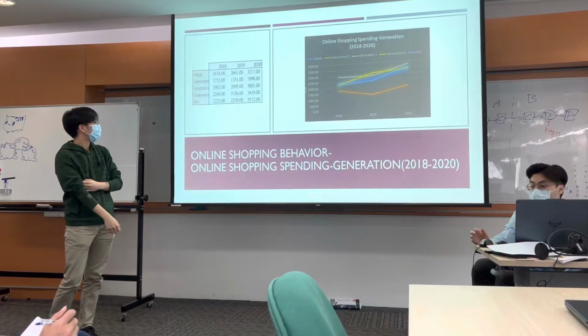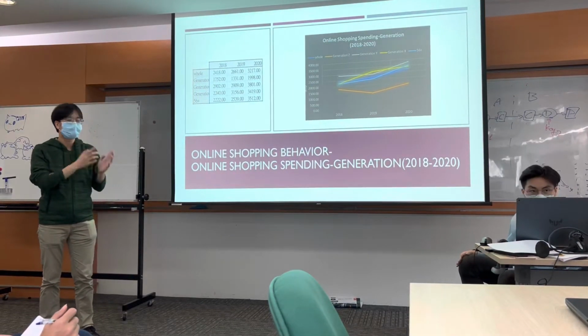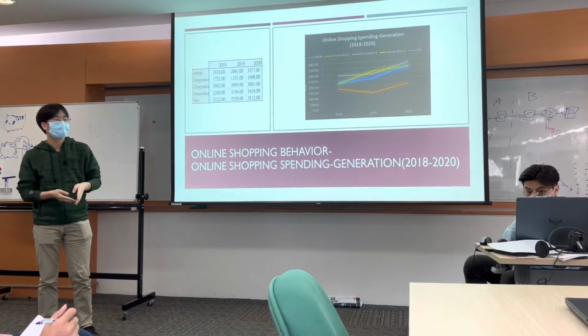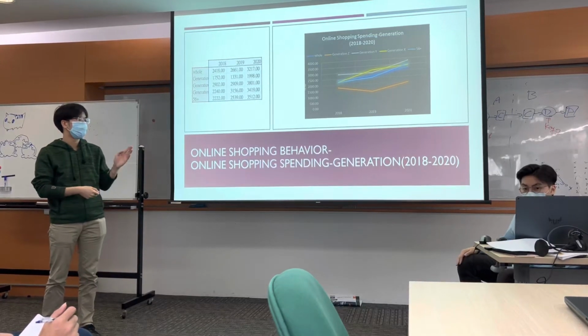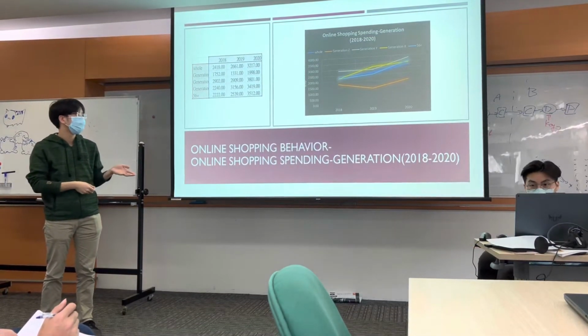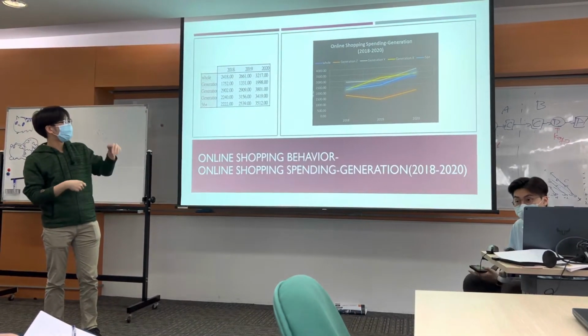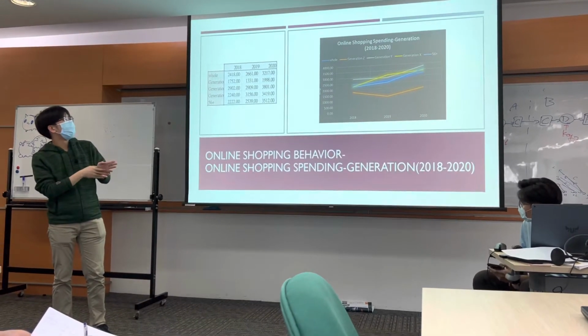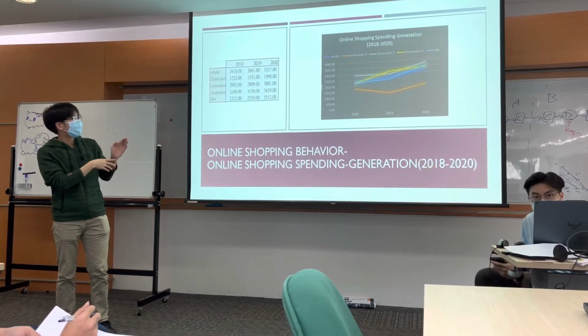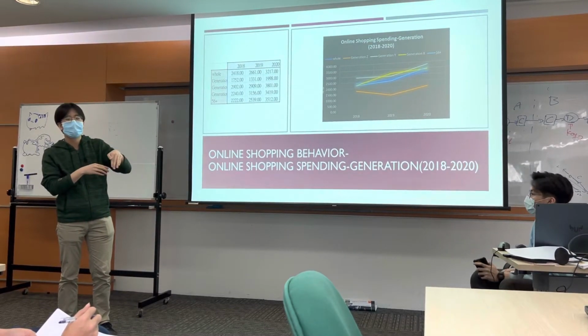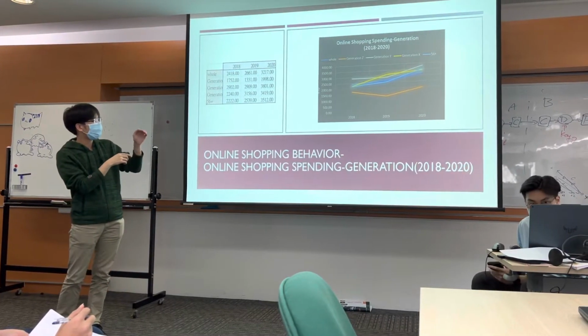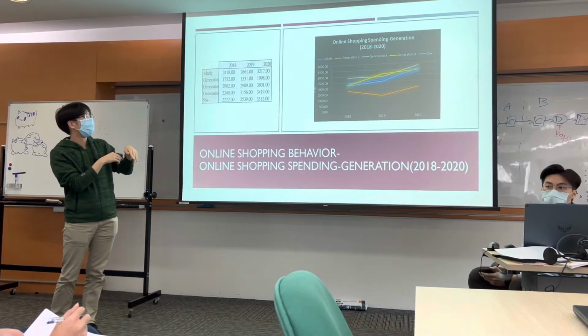Okay, so this one is the online shopping spending by generation, in the same period from 2018 to 2020. Most of the trends look the same. However, Generation X actually has the opposite, where the rate of increase declines after 2019.